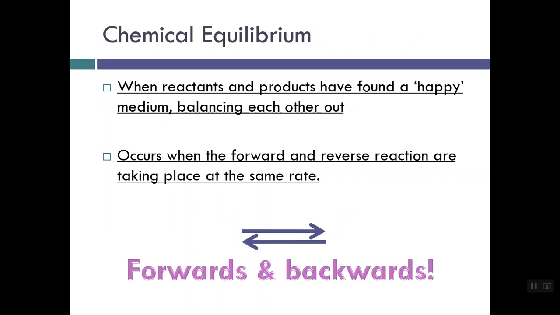Equilibrium is when the reactants and the products have a happy medium. They're balanced, and so the chemical reaction will go forward and in reverse. Notice you have arrows going both ways. Forwards is left to right, and backwards is right to left, kind of like when we're reading.